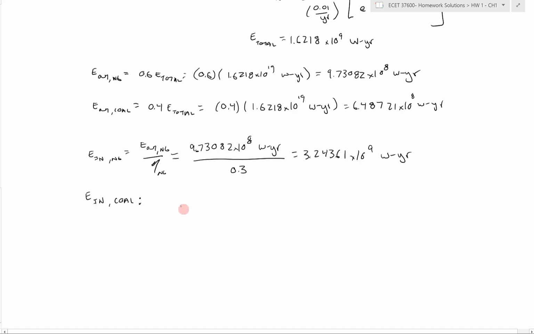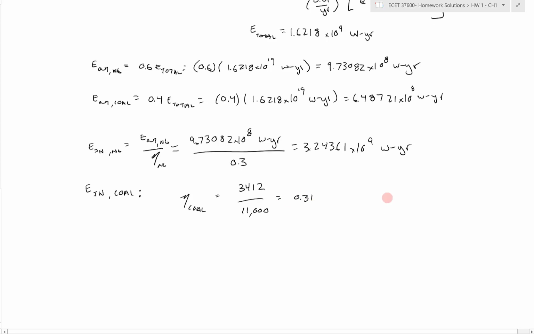So we know that we can convert a heat rate to efficiency by taking the BTU content of a kWh, which is 3,412 BTU per kWh, and we divide that by the actual amount of energy that it took, which in this case was 11,000, the heat rate. So what a heat rate says is it took 11,000 input fuel energies to produce 3,412 output energies. So that's equivalent to a 31% efficiency in the coal system.